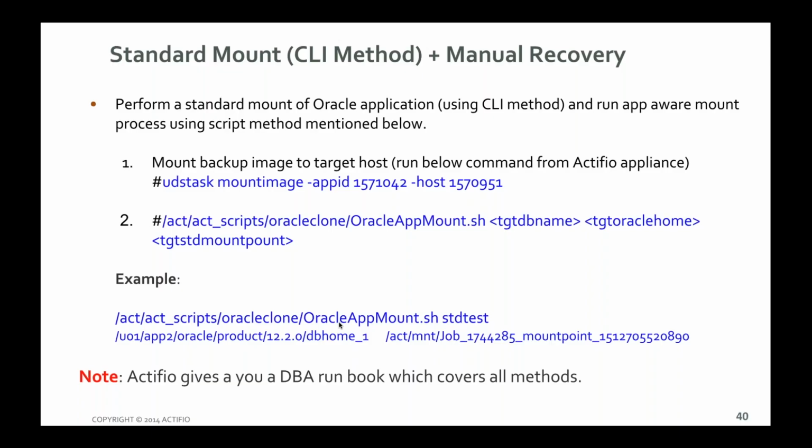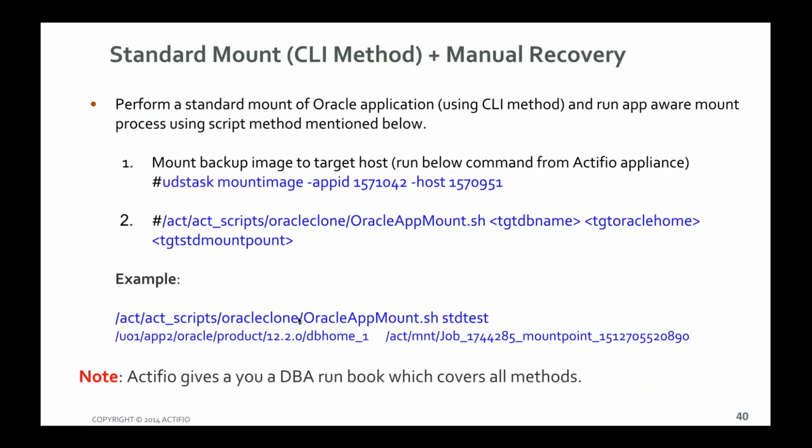But still, if you want, optionally you can do a standard mount and run these simple CLI commands. You can see this example here. So here I was mentioning act mnt job. This is the mount point, because in the previous slide I was specifying a mount point, it is creating a mount point like /act standard mount test. If I'm not specifying, it is going to create a mount point like this.